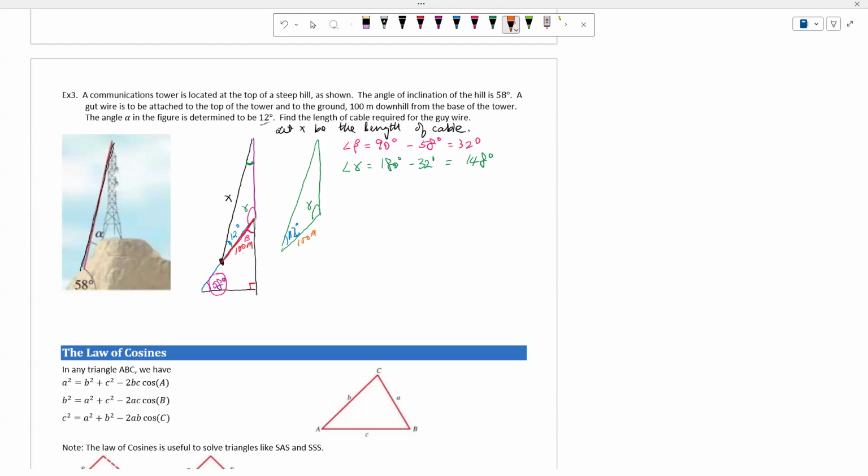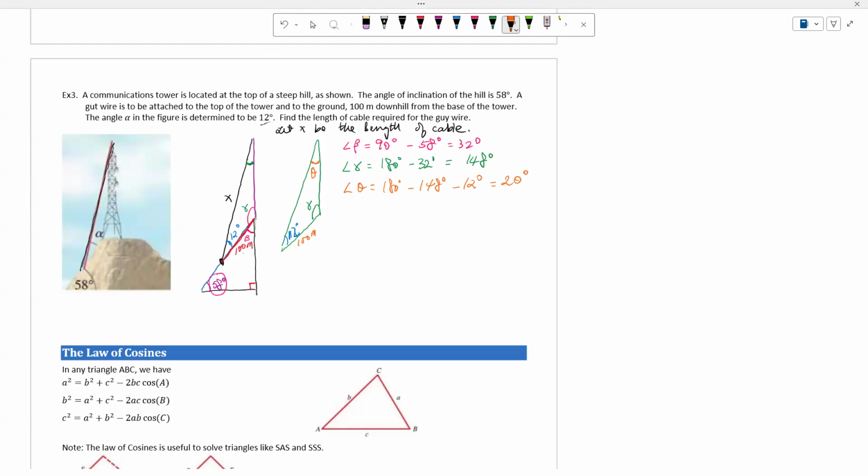Then now, of course, for this one here, maybe we call this theta, right? So I will be able to find the angle theta. It is 180 degrees minus 148, and then minus the 12 degrees. So in this case, I found out that the angle theta is 20 degrees.